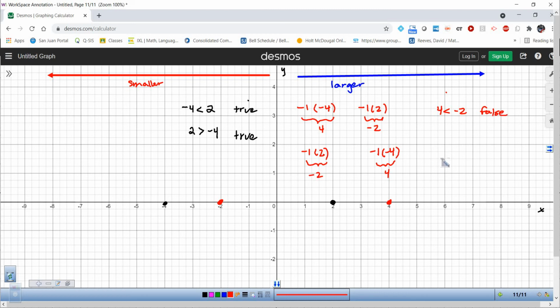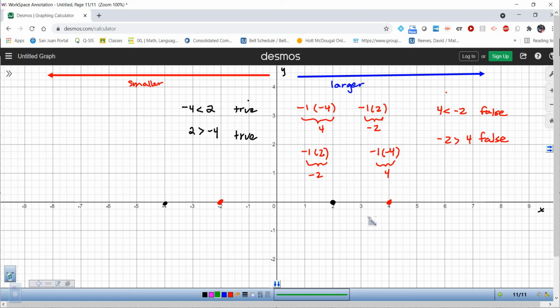Or if we look at this one, we've got -2 and 4, and if we use that same symbol we used over here, greater than, that is also false. -2 is not larger. So by multiplying by a negative, we created values that were the opposite, and we went from something that was true to something that is false.